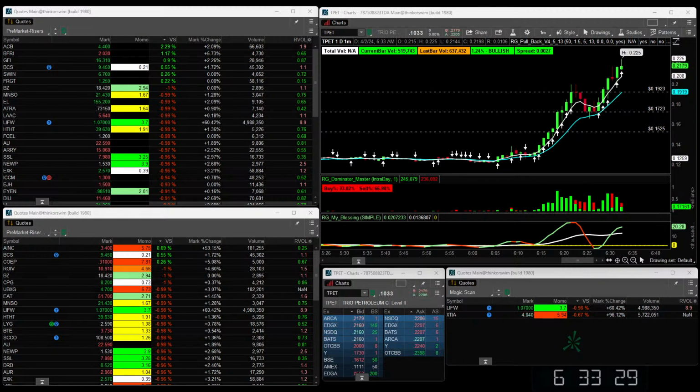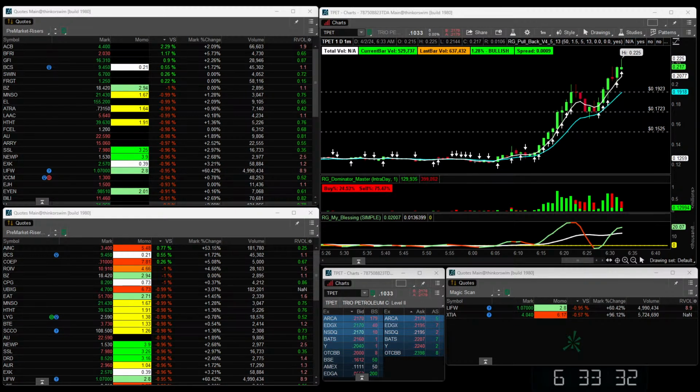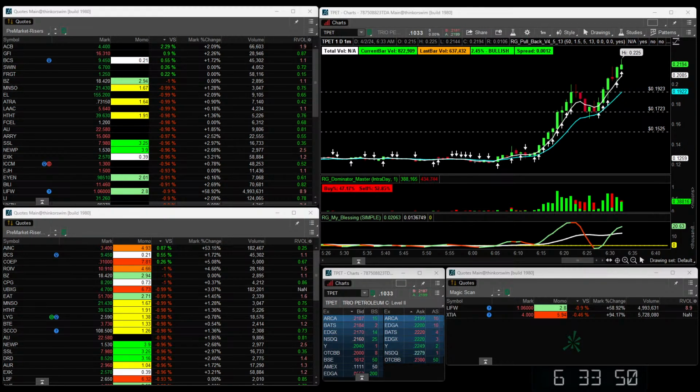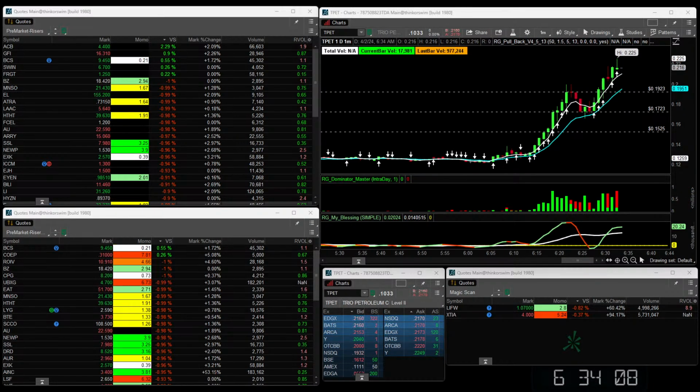TPET still rising. Ricky, you can always add them on the top of it if you want and turn off the indicators in the script. I wouldn't suggest it for scalping though. If you're a swing trader, yeah, you can adjust it how you want.